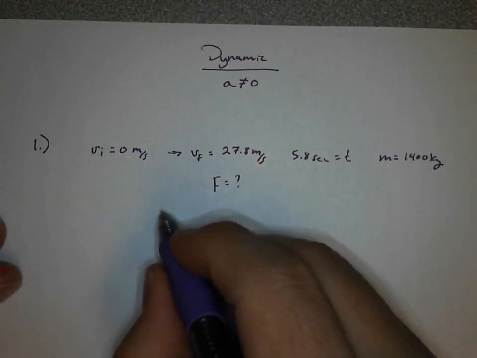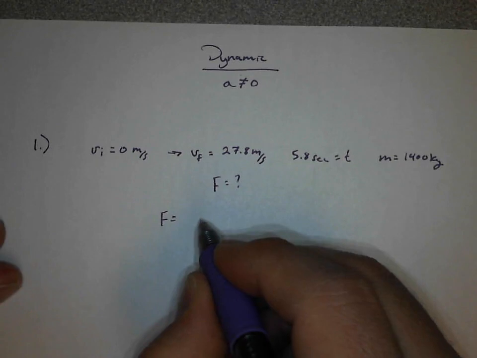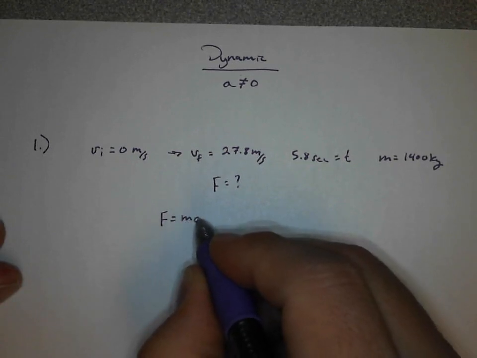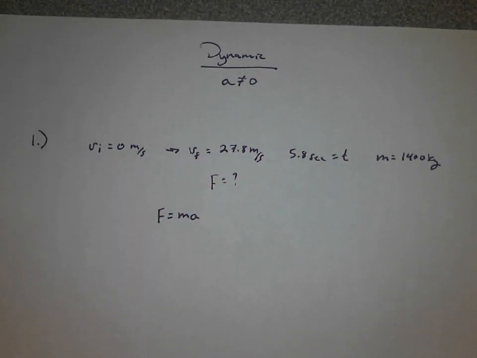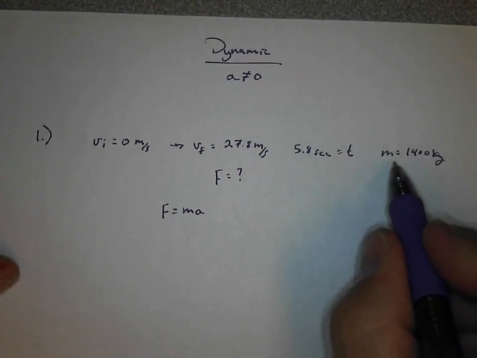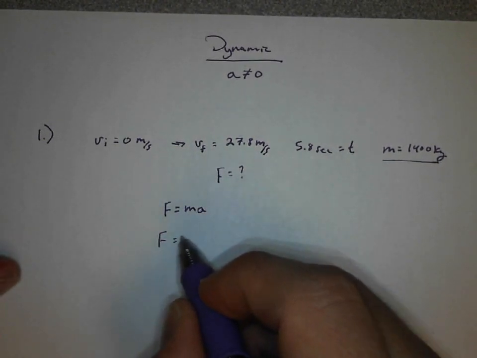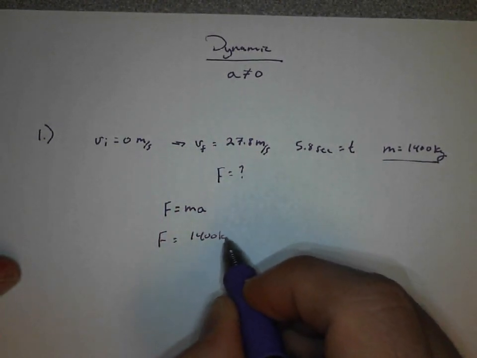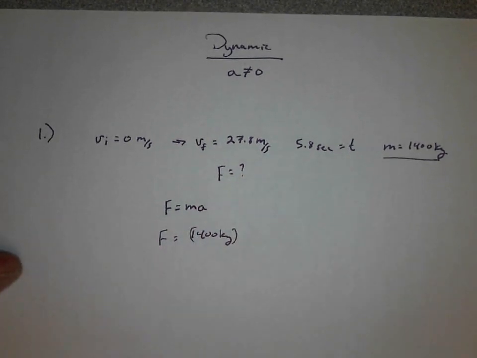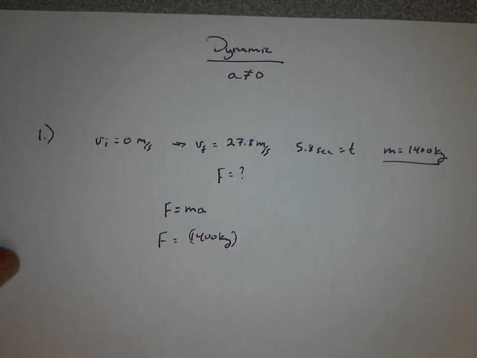Now, in this case, if we look at our Newton's second law equation, F equals ma, we've got a lot of information that could go into this equation. For starters, we have our 1,400 kilograms that would go in for m. But we don't have our acceleration.